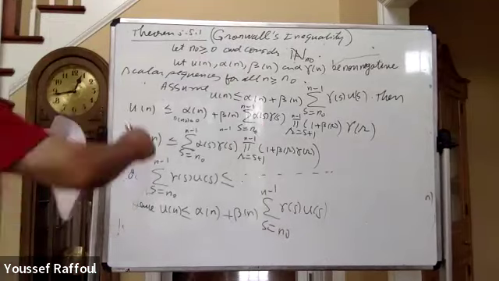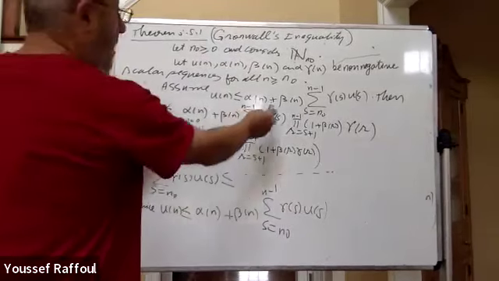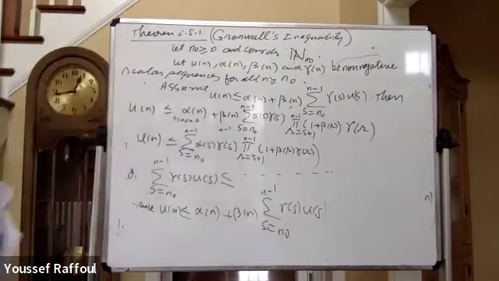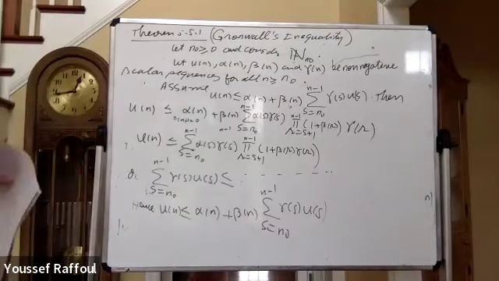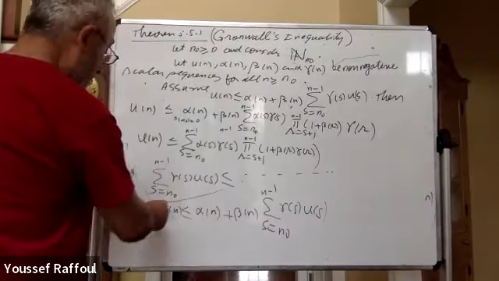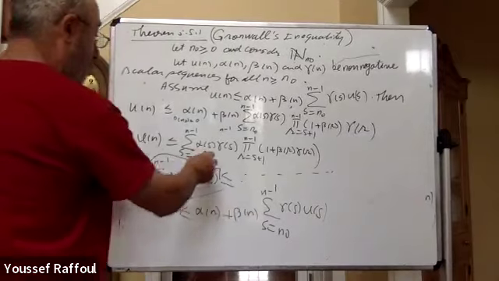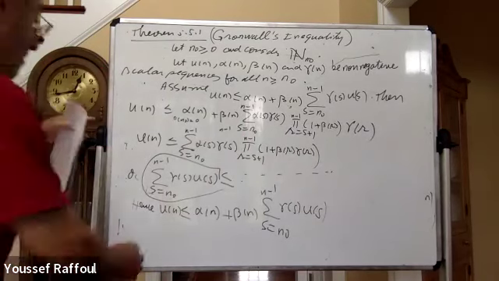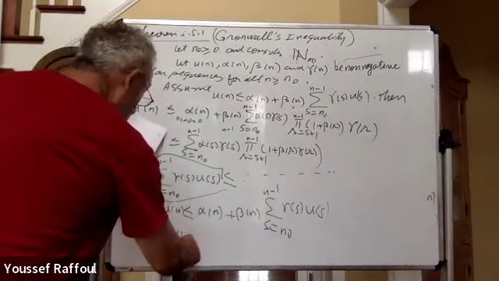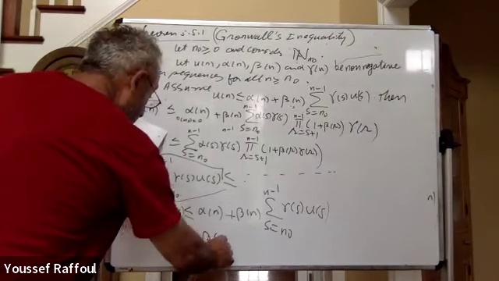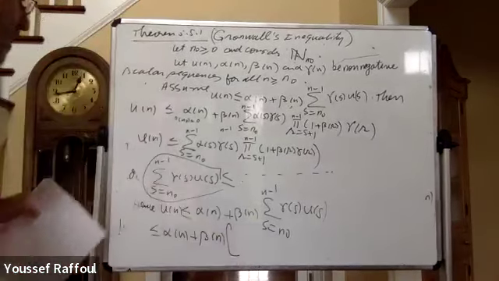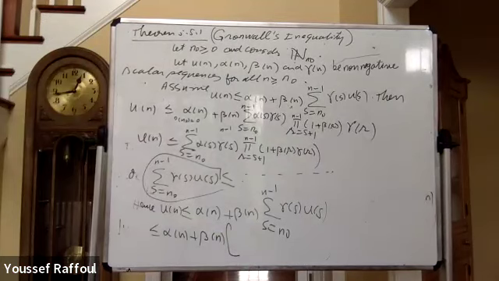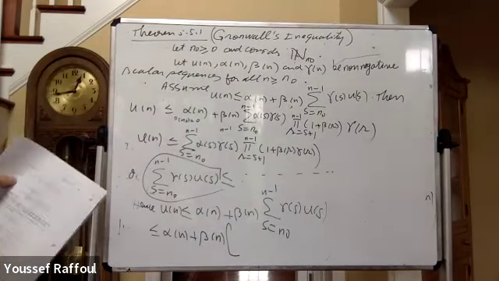This is by definition. You see, we know this. But now, what is gamma s us? Gamma s us is less or equal to all that. Okay? Which is less or equal to alpha n plus beta n. And what is gamma r ur?